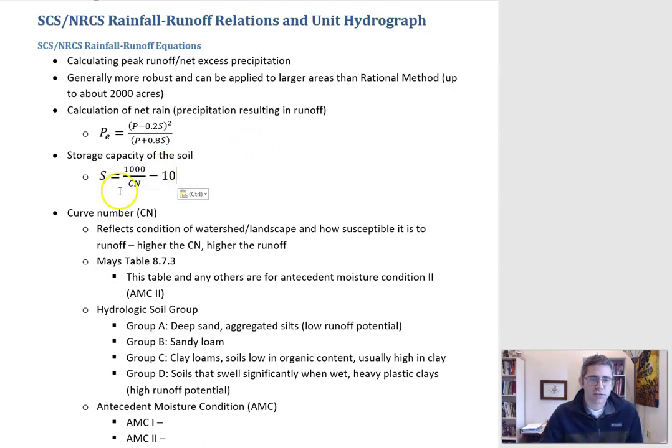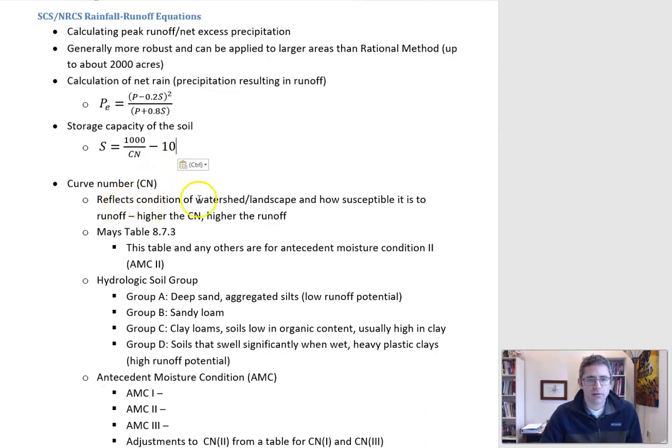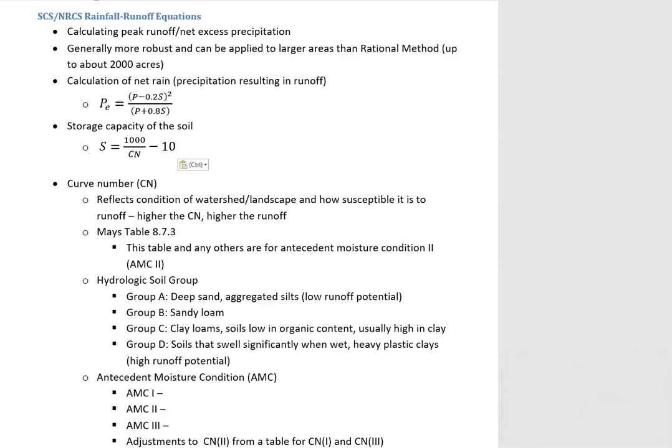And it introduces this new concept of the curve number. The curve number reflects the condition of the watershed or landscape and how susceptible it is to runoff. The higher the curve number, the higher the runoff. And there's lots of resources available to look up curve numbers. In your book, table 8.7.3, I'll show it here in a second. Okay, let's see if we can switch to webcam only.